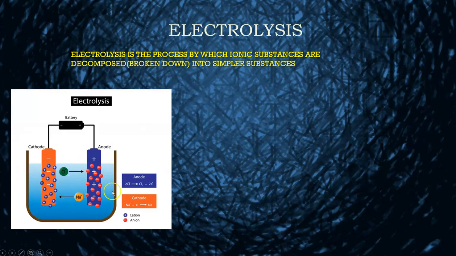Next, we need to have an electrolyte solution. Always remember, we need a solution, or even if we are taking a metal, it has to be in its molten form, as electricity can flow through a liquid, not through a solid substance.